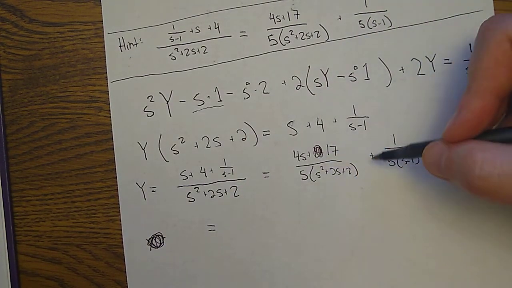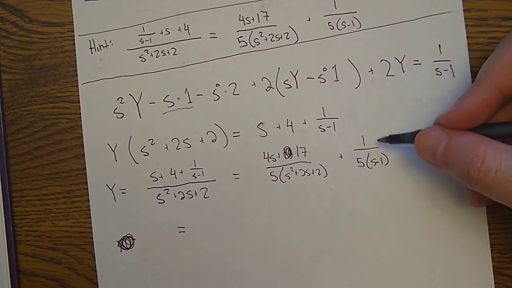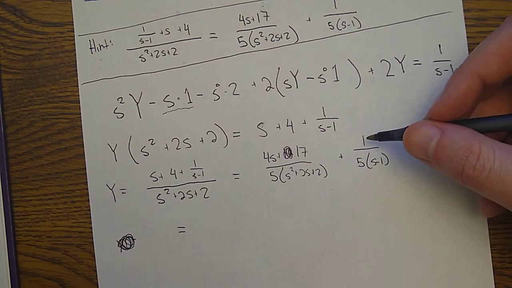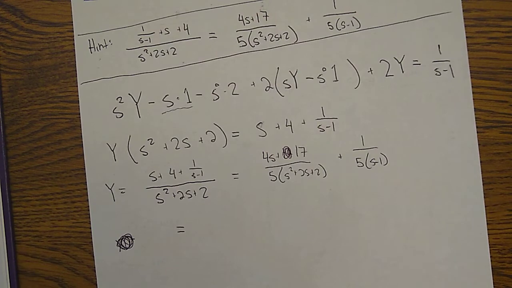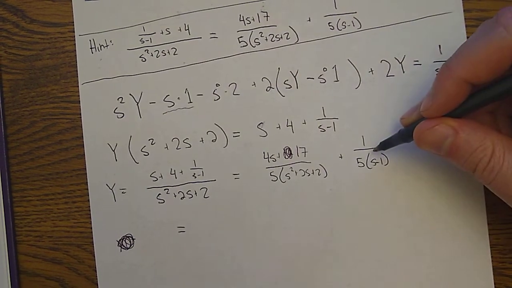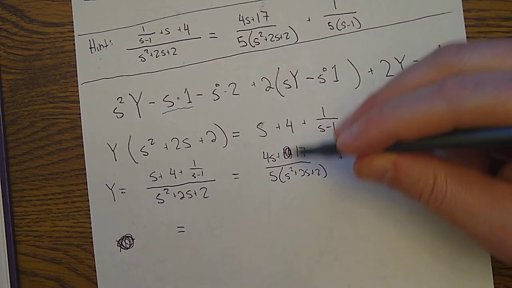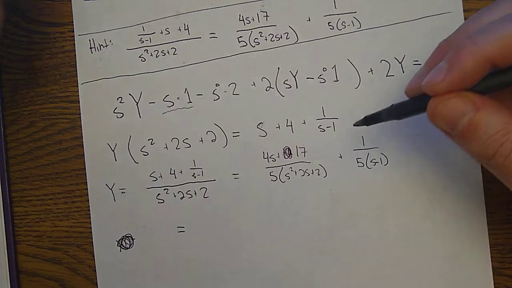I should play with this a little bit. This one is no problem. The 1/5 I can carry right down. The inverse Laplace transform of 1 over s minus a is just e to the at. So I know what's going to happen with this part. This part's not so clear, but this part is similar to the last example that we did. It's going to be partial fractions.